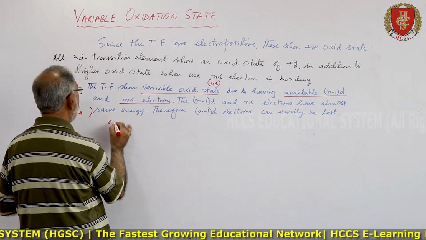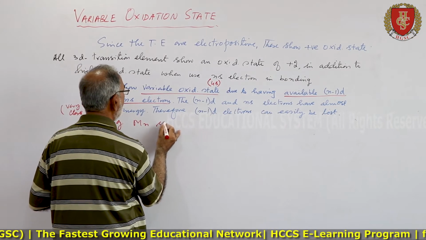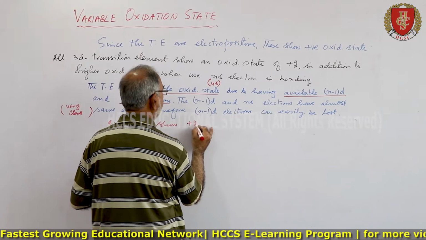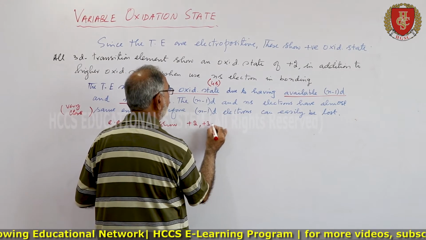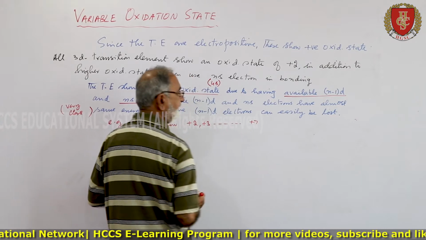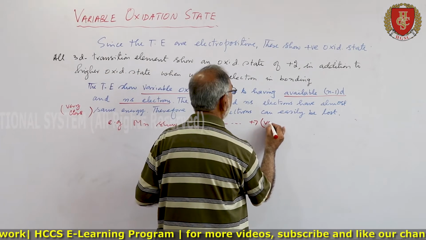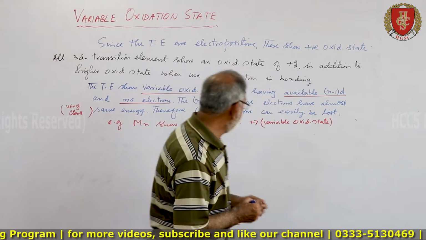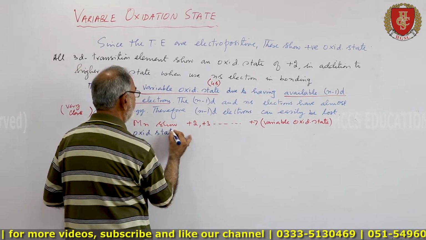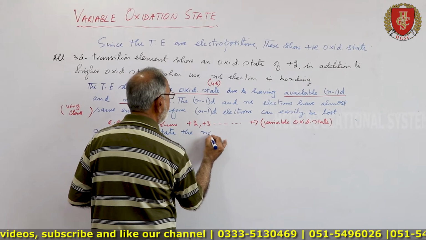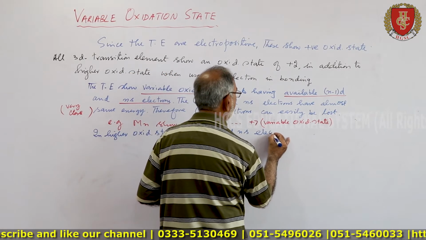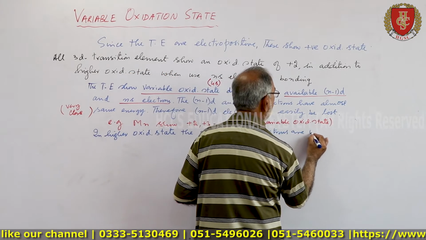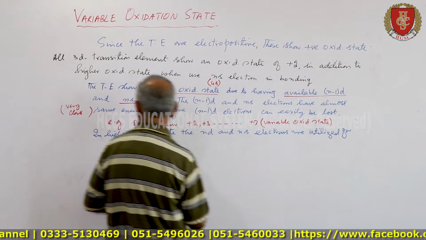For example, manganese shows +2 oxidation state, +3 up to +7, a variable oxidation state. In higher oxidation states, the (n-1)d and ns electrons are utilized for bonding.